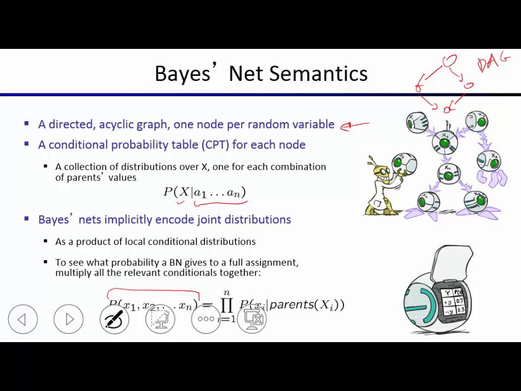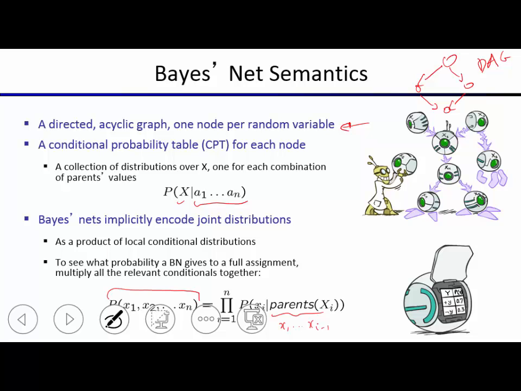The assumption we're making by doing so is that a node is independent of preceding variables in the ordering, except for its parents, given its parents. Because if instead of parents here, we had x1 through xi minus 1, this would always be true, because that would just be the chain rule. But by replacing the conditioning on x1 through xi minus 1 by just the parents, we made an assumption.